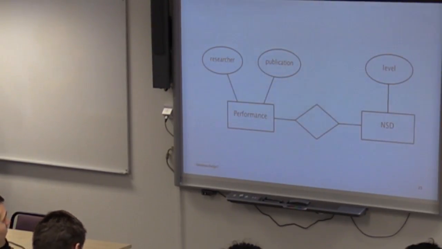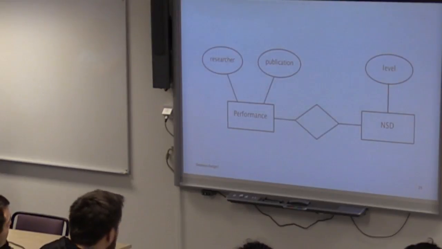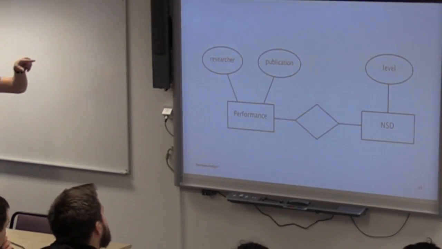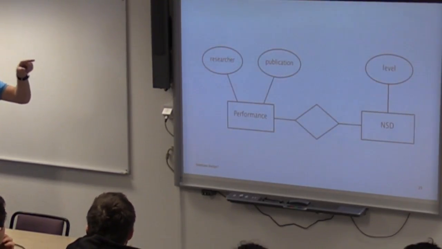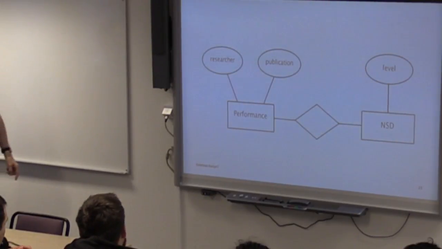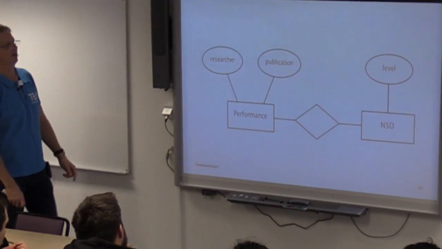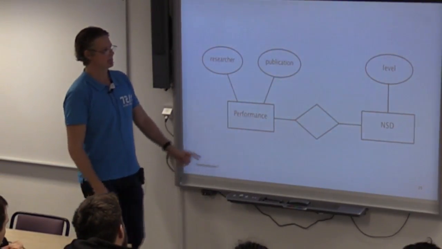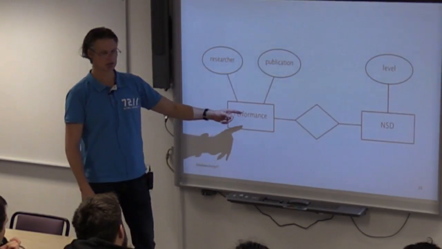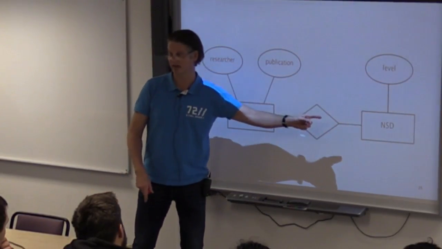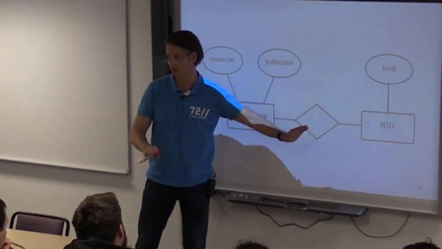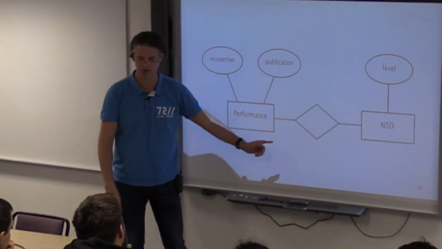If we sneak a look at that Norwegian site, NSD, let's copy that way of thinking. Then we suddenly have our performance, and we have a relationship to NSD, and that's not a TCP thing, that's not a web service thing here, it's just a relationship.